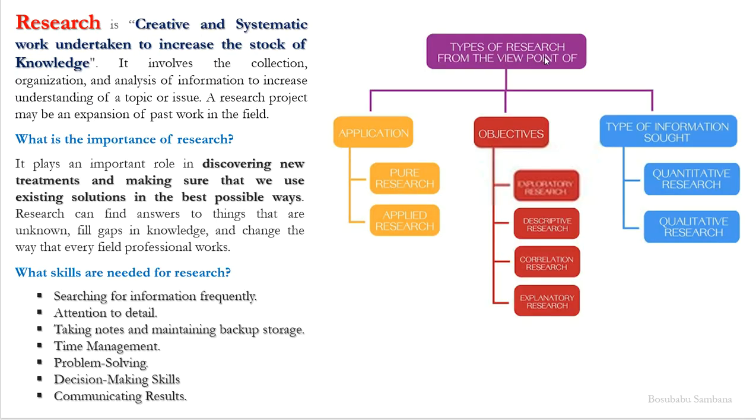Generally, types of research get divided into various factors based on their point of view. They are categorized into three factors: application, objective, and type of information sought.